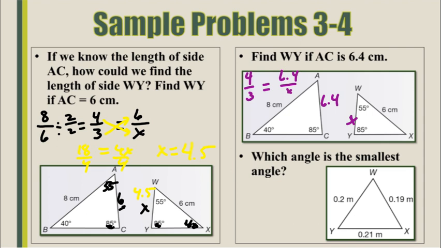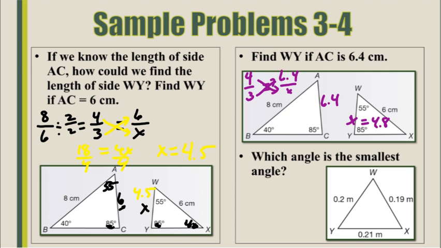So we have 3 times 6.4. Divide that by 4. We get an answer of 4.8. So I just cross multiply and divide.